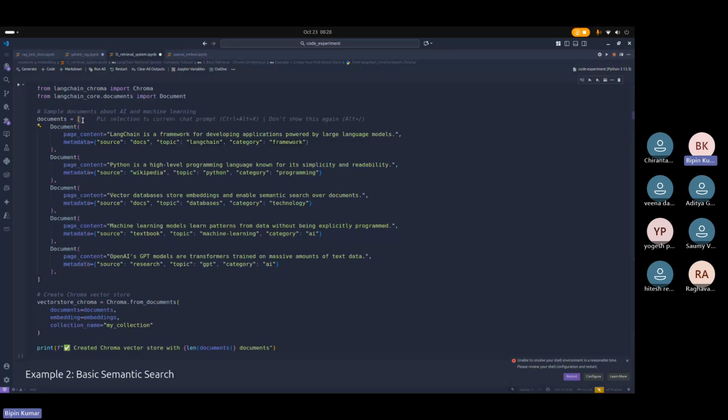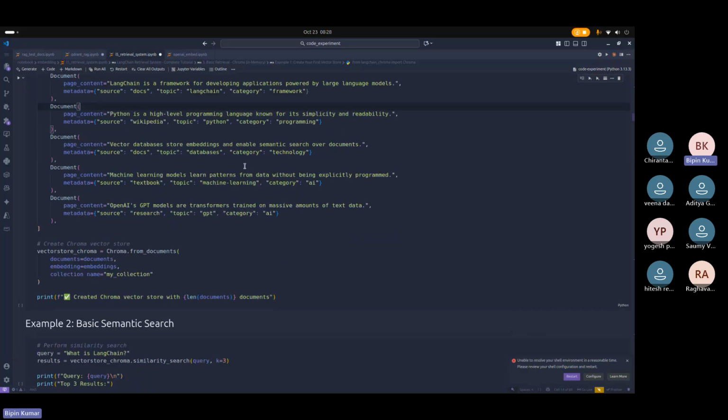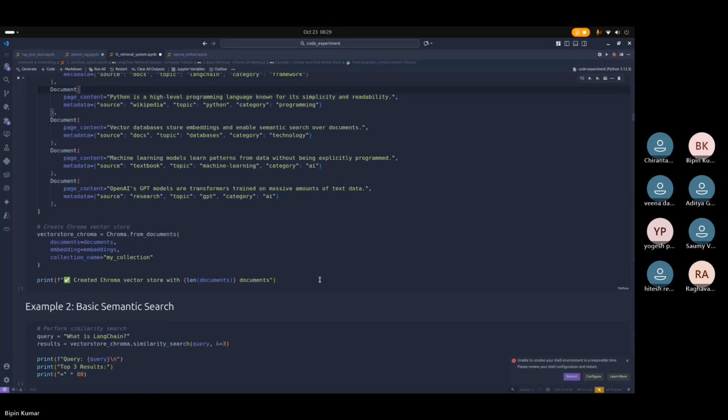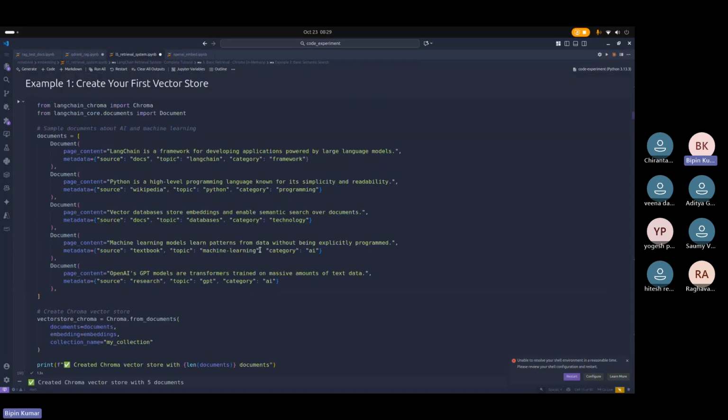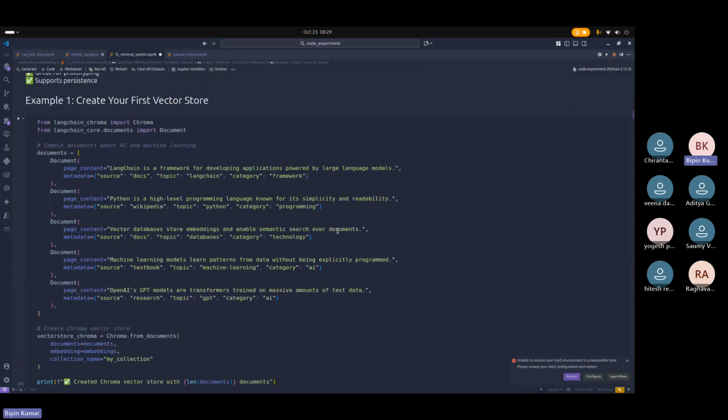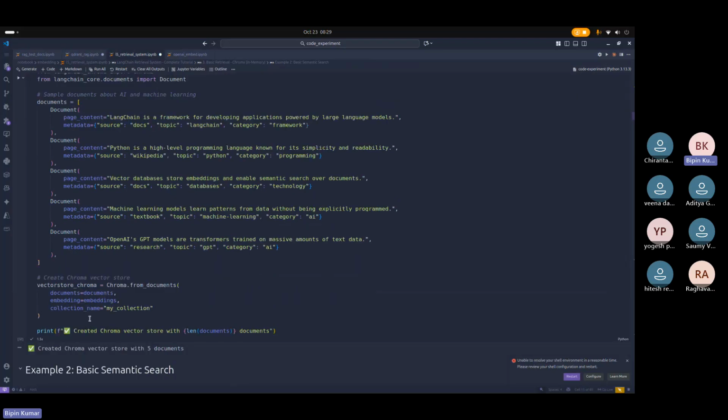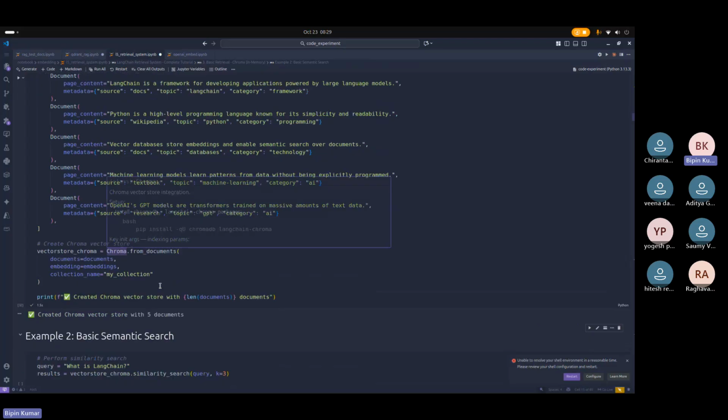This is a list and there are multiple documents, each separated by a comma, and each document contains page content and metadata. So what I have done is this document gets embedded and stored in a ChromaDB that is in memory.